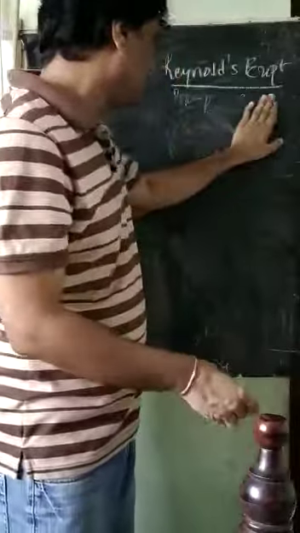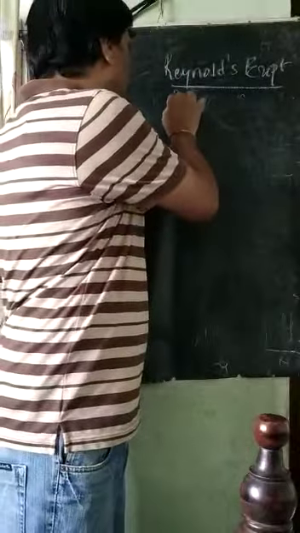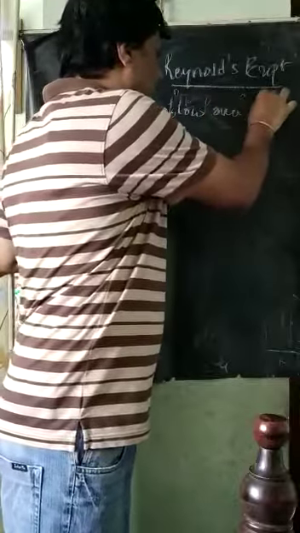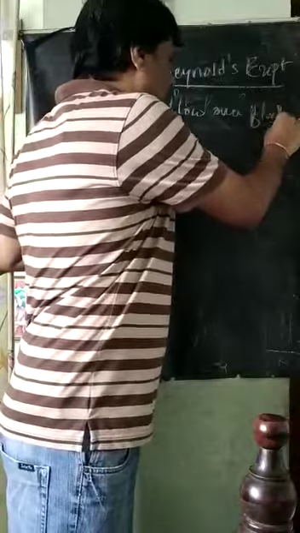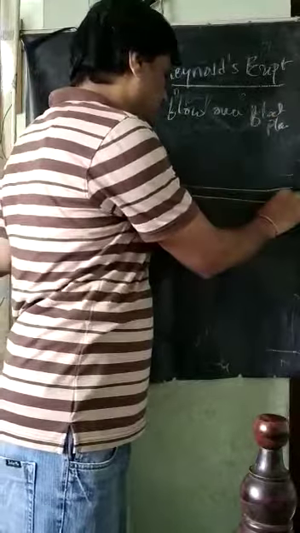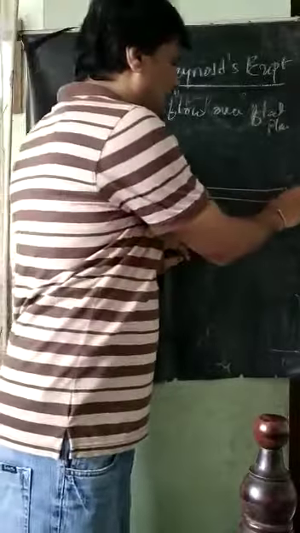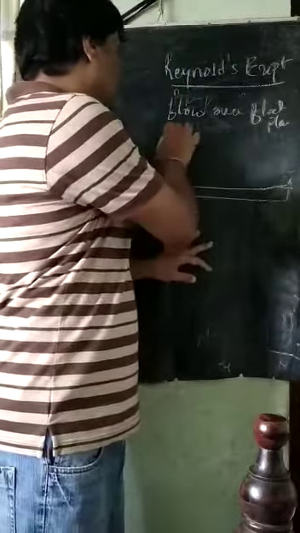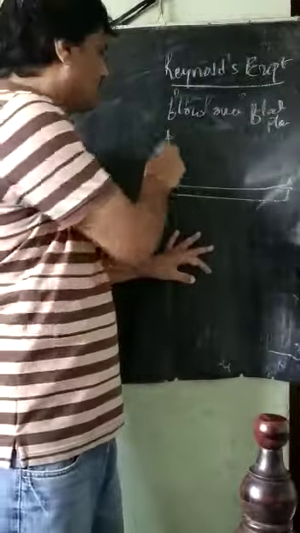So with the same kind of experiment, flow over a flat plate: if this is the flat plate, the length along the plate is taken as the x direction, and the vertical direction perpendicular to the plate is taken as the y direction.